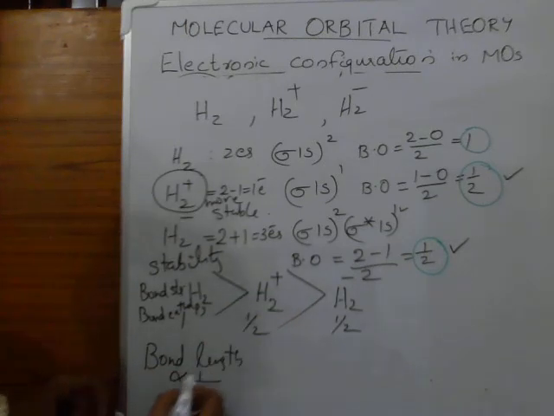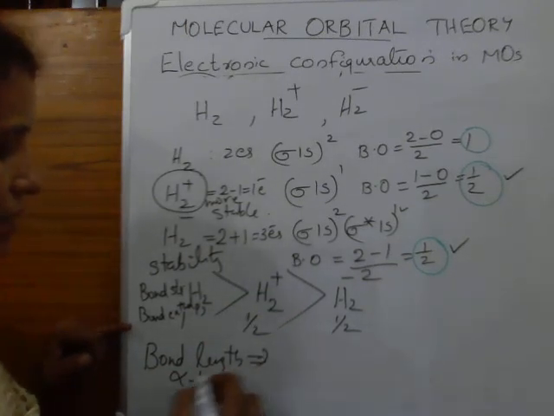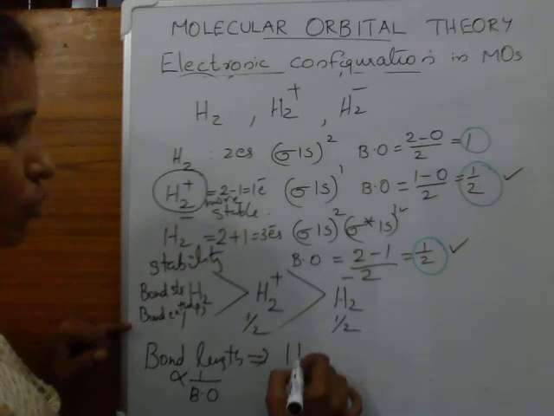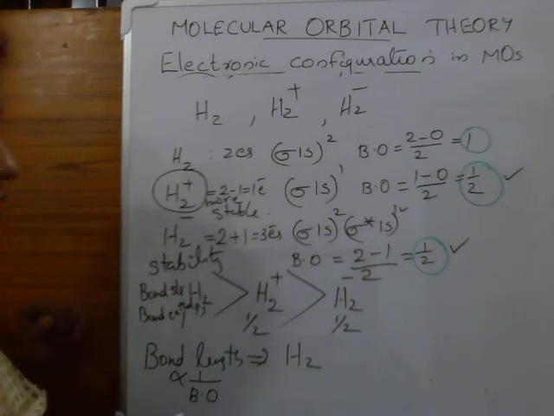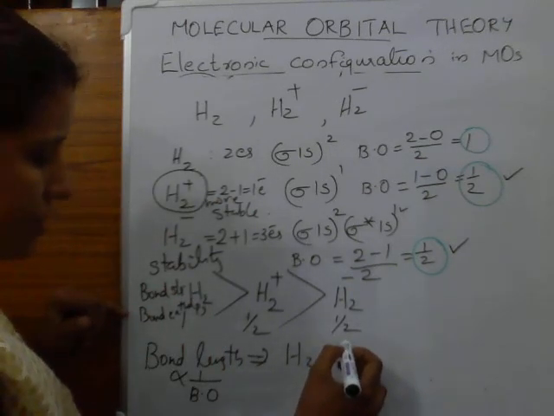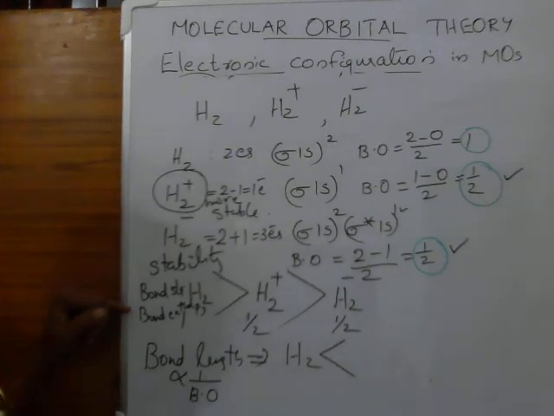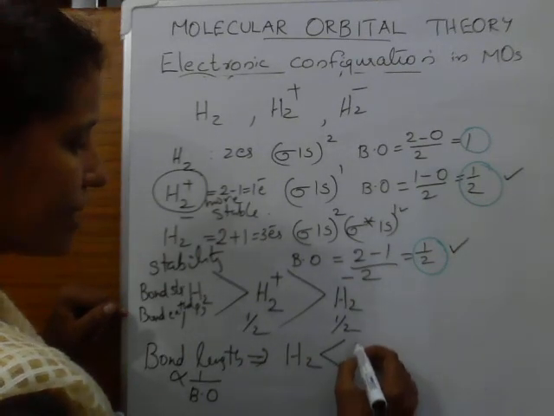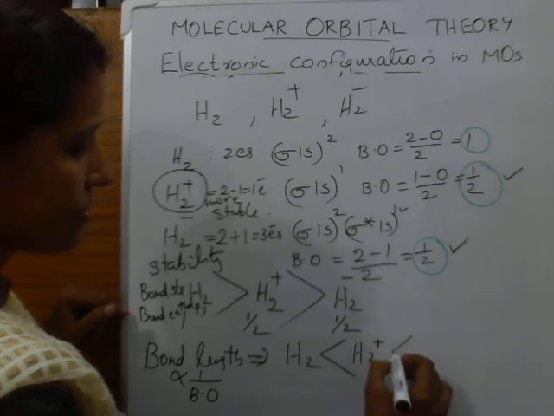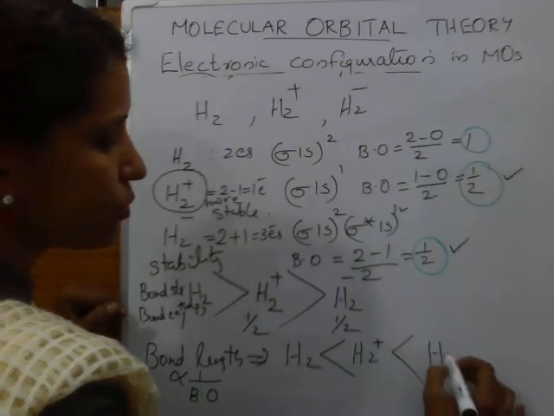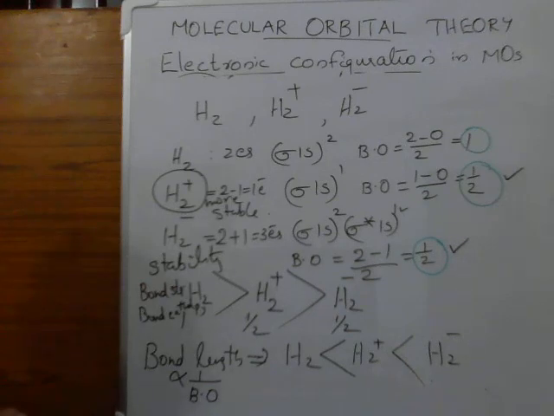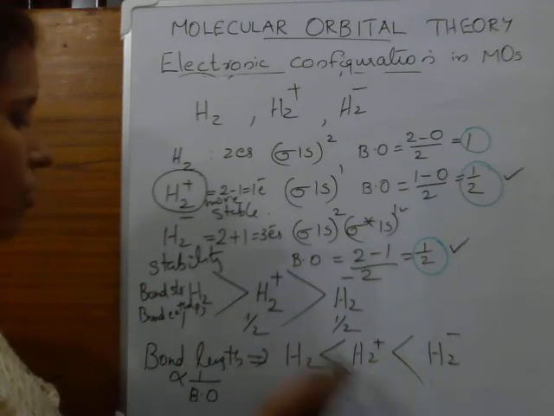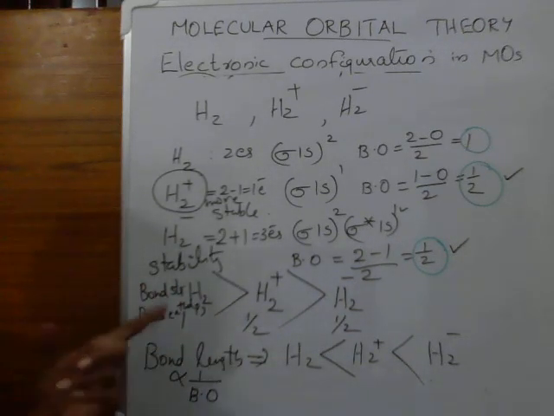So how to write the order of bond length? The H2 molecule, which has the highest bond order, will have the shortest bond length, then a longer bond length for H2 plus ion, then H2 minus. So the order of bond length will be the opposite of the order of bond order. Clear?